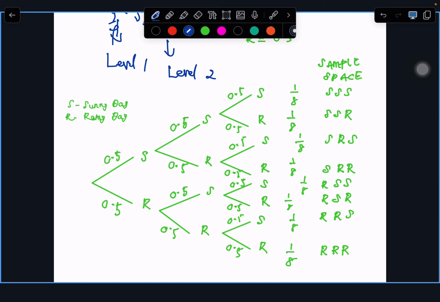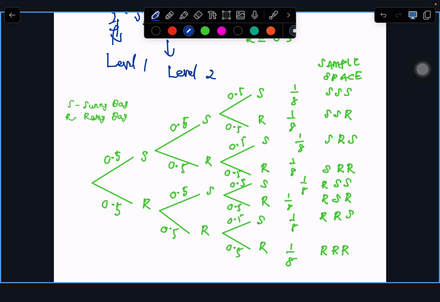Do you have ideas? Because when we explain the tree diagram here, I hope you can sketch a tree diagram now, put the probabilities, and list all the sample space. But when a question asks for intersection, why do they ask for intersection?